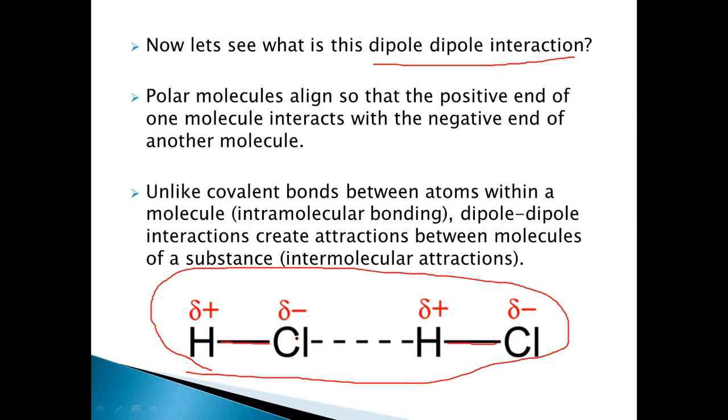That means the positive end of one molecule will try to get attracted to the negative end of the other molecule because of this permanent dipole in the molecule, that is, HCl has a permanent dipole, and there is a sort of intermolecular bonding which is created here, which is nothing but intermolecular attraction.